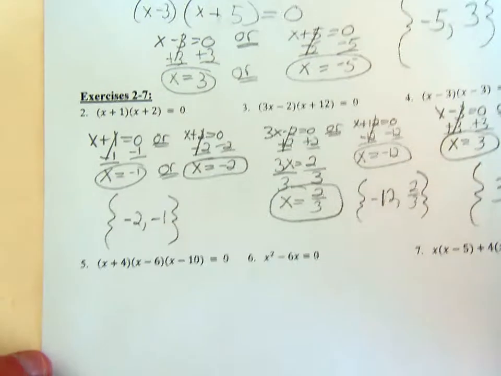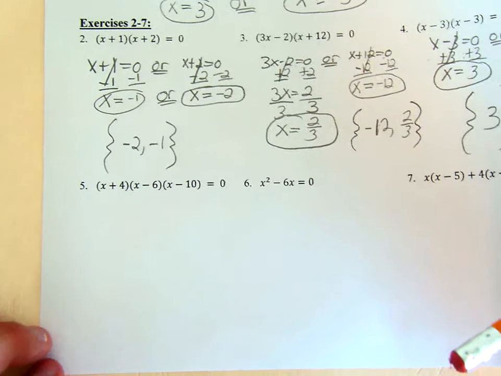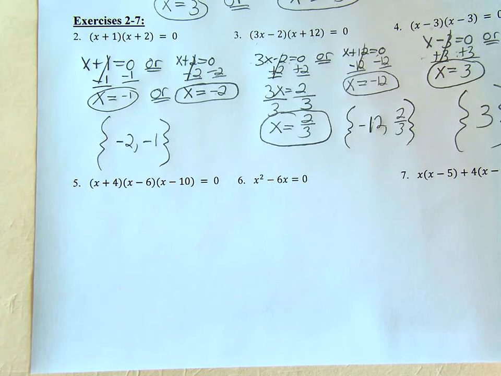Now let's look at this next one. For number 5, it says x plus 4 times x minus 6 times x minus 10 is equal to 0. And the only way for that to happen is if we set each one of those expressions equal to 0.